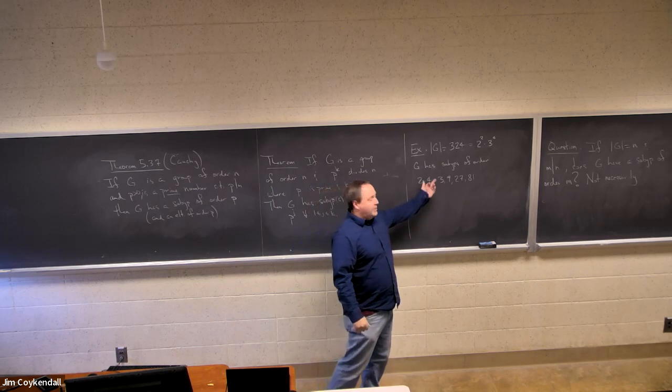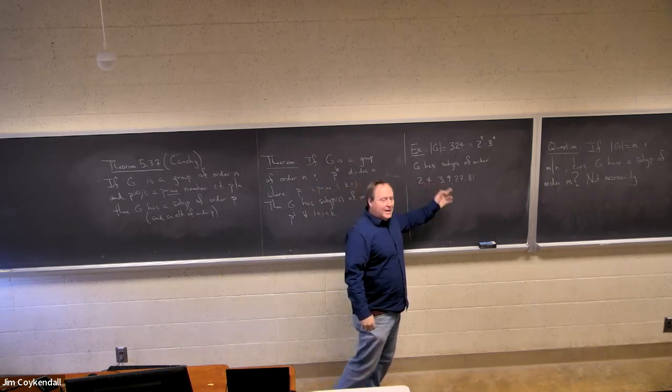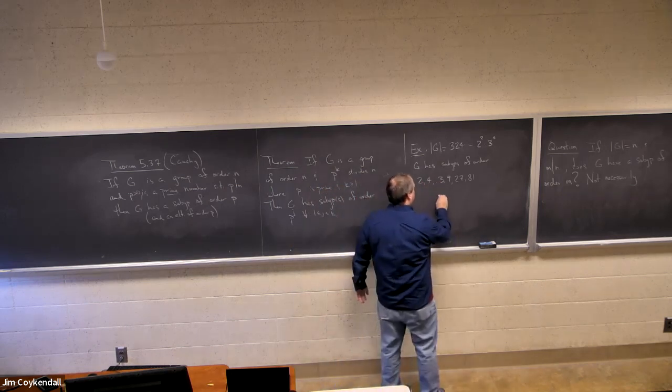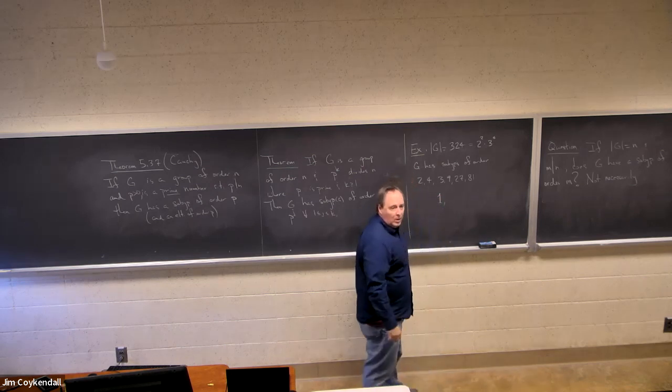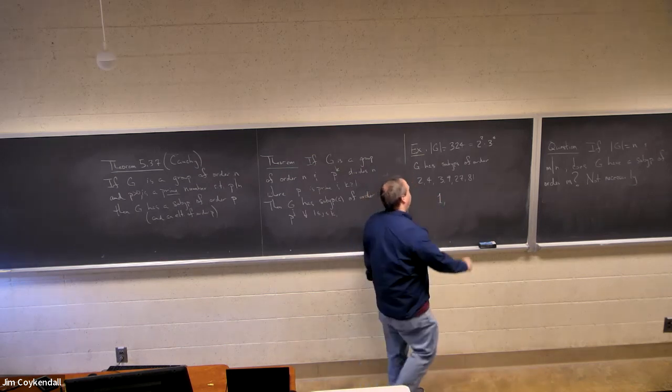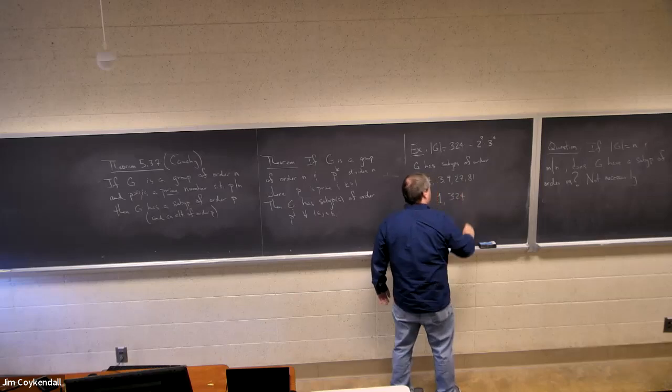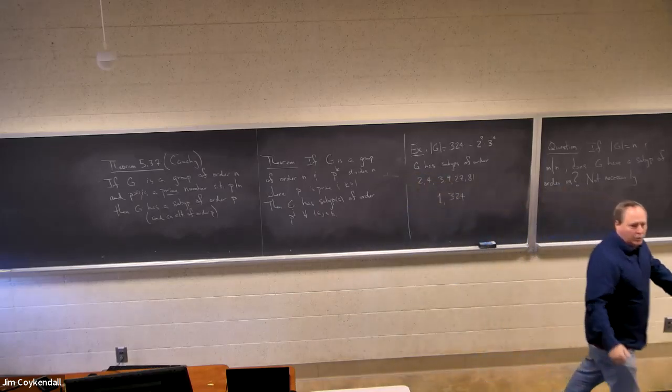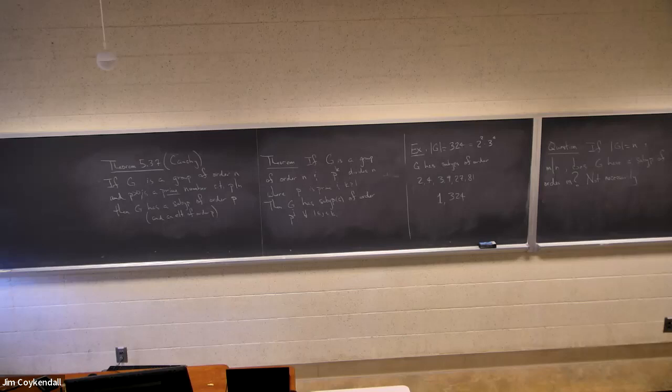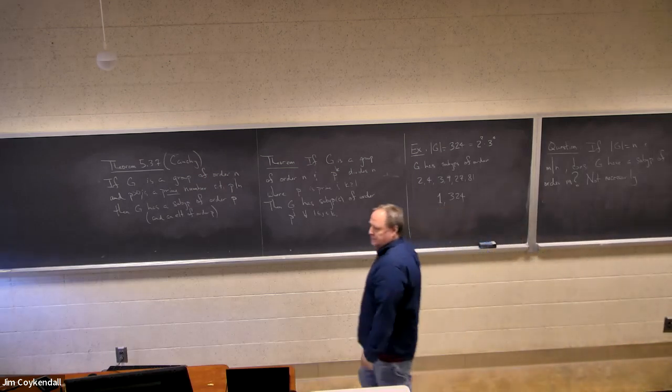So it has subgroups of every prime power that divides the order of the group. And certainly a subgroup of order 1, the identity, and a subgroup of order 324, the whole group. But beyond that, it's not really clear. Does this have a subgroup of order 6? I don't know. It may depend on what the group is.